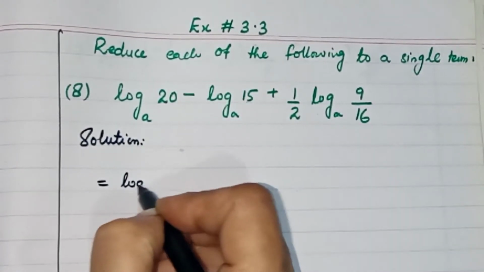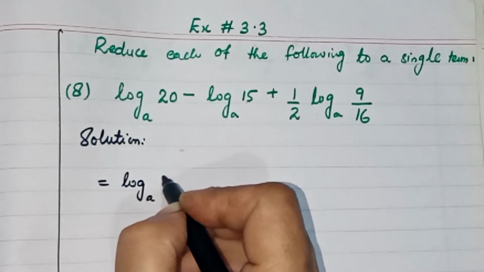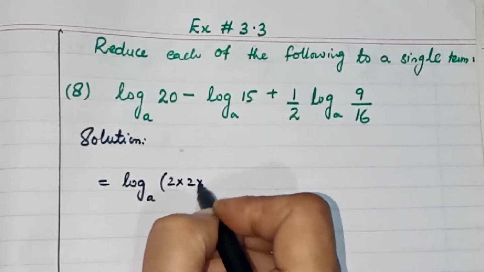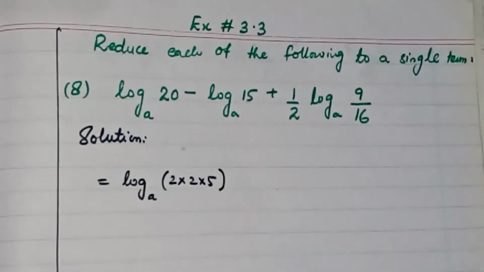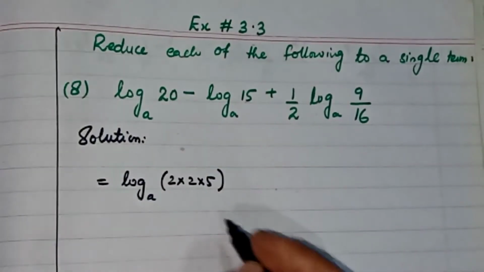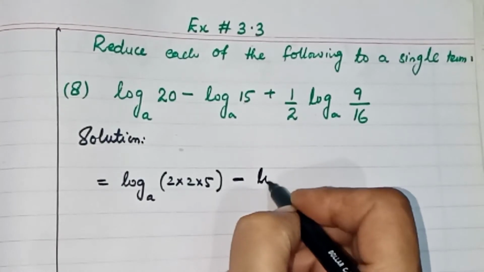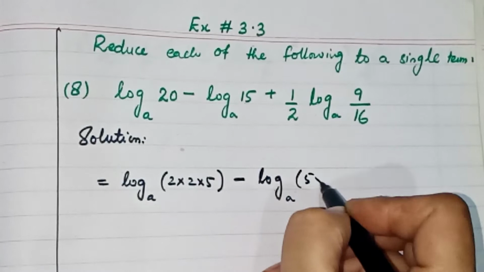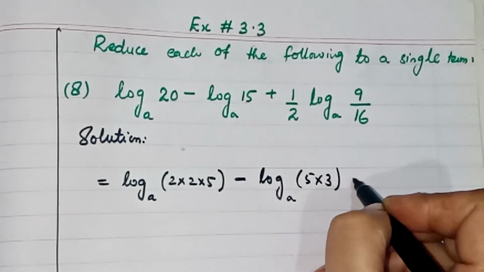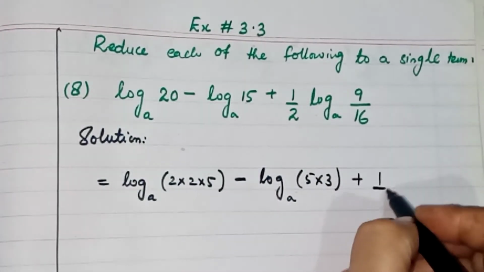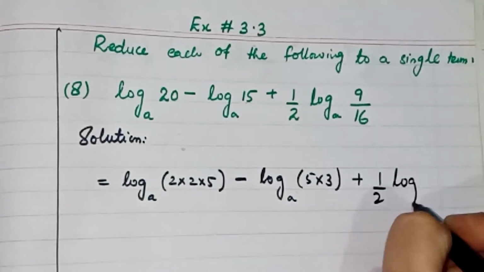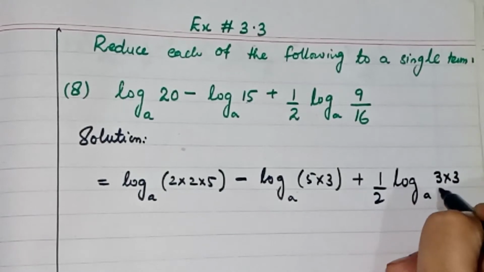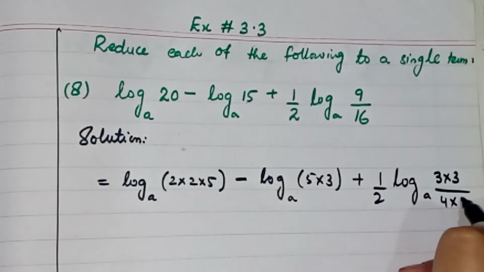So what will be the factors of 20? It will be 2, then again 2 and 5. Then we can convert 15 into 5 into 3 and write this. 9 and 16 into 3 into 3 and 4 into 4.